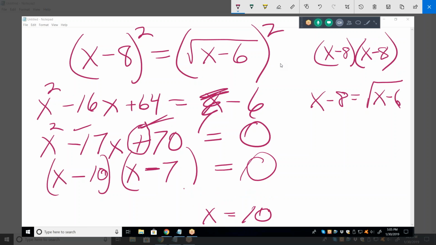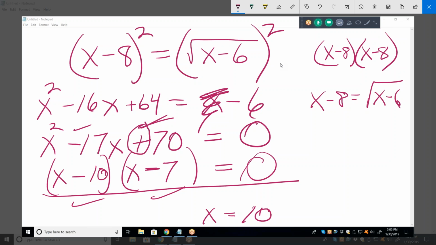Okay. Extraneous means the solution that we got, but isn't actually a solution. It's the wrong solution. We came up with x equals 7 by solving that quadratic. There's one thing in algebra. When you have two numbers multiplied together, and they're equal to 0, it doesn't say both of them have to be 0.